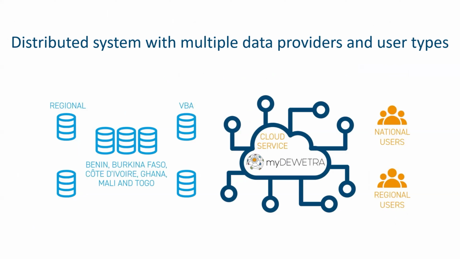Now, our system has multiple data providers, from the 6 countries. Each country provides data from its hydro and meteorological agency. Now we use this data, compare it and aggregate it with free satellite data.